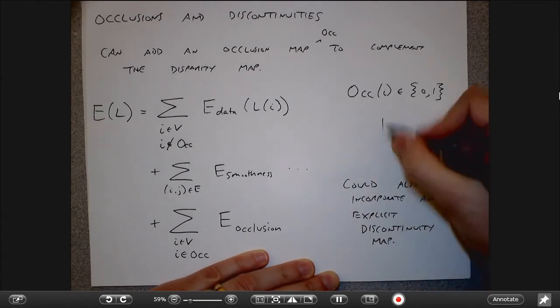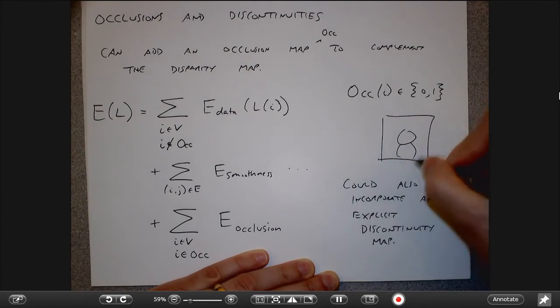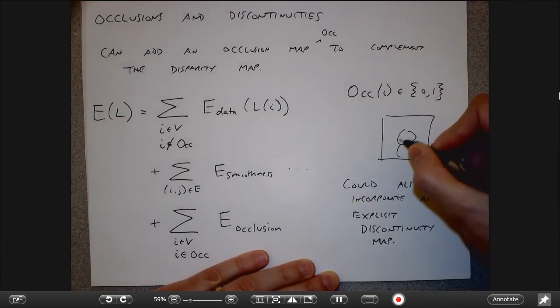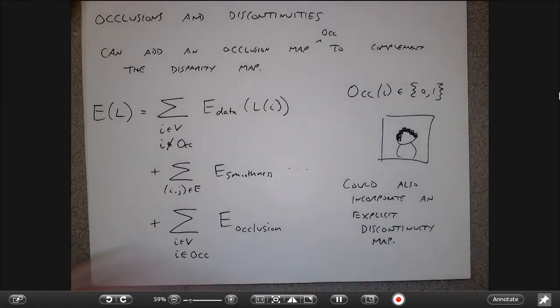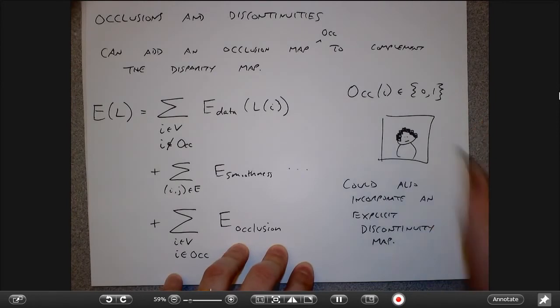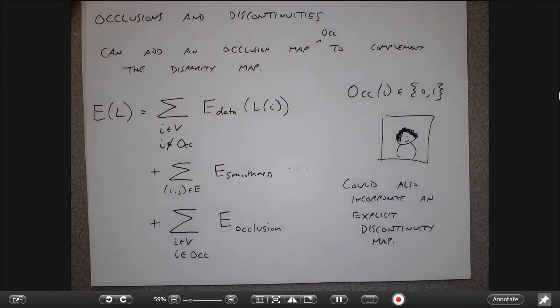What that means is, if I've got my foreground person, imagine these black pixels are 1s and all the rest of the pixels are 0s. This guy looks like he's just got some hair now. So you can make a map that says 1 if this lies on a depth discontinuity, 0 if it's part of a continuous surface, and then you treat pixels that are on or near discontinuities differently than those on smooth surfaces.